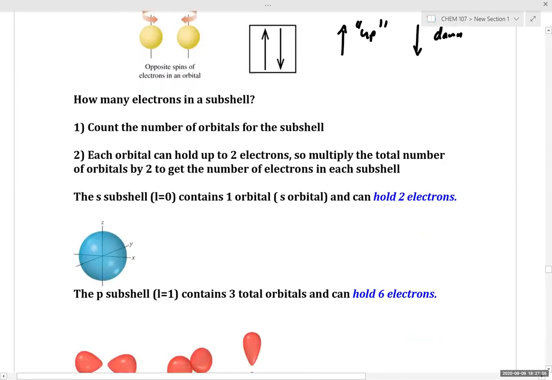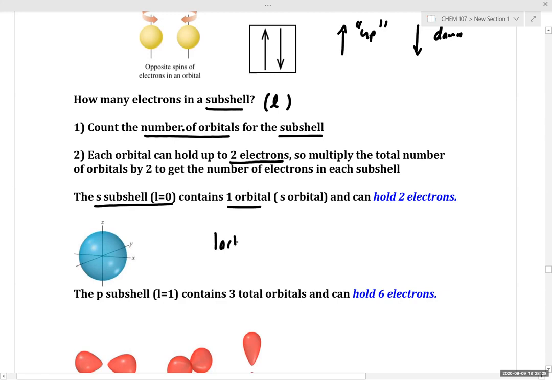Now, we're going to figure out how many electrons are present in each subshell, each unique value of L. To do that, we're going to count the number of orbitals, and then note that we can have 2 electrons in each orbital, so we're going to multiply our number by 2. So the S subshell, L equals 0, has 1 orbital.